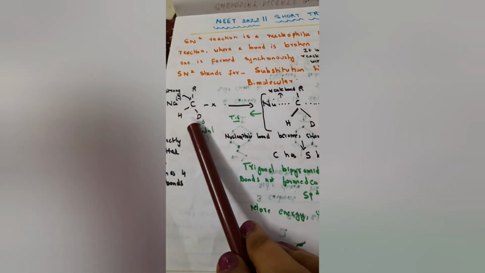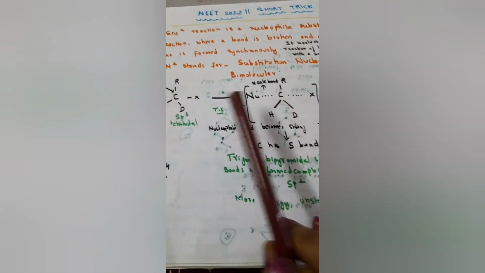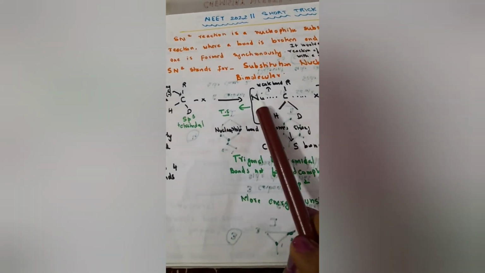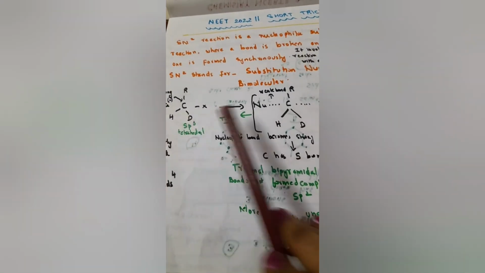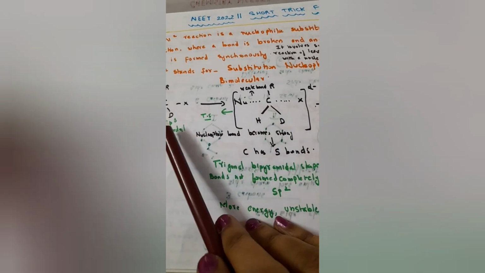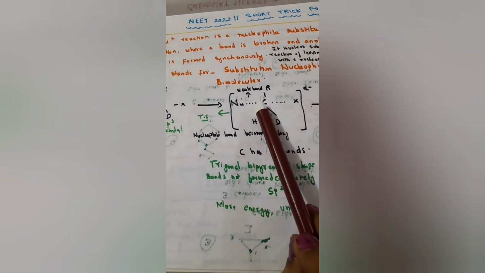See here, what happens is that when a nucleophile attacks, it gets attached to this carbon atom through a weak bond. At the same time, X is also linked with a weak bond to the carbon atom. So the nucleophile comes and gets attached to the carbon atom. At the same time, the halide group is also here, attached to the carbon atom through a weak bond.